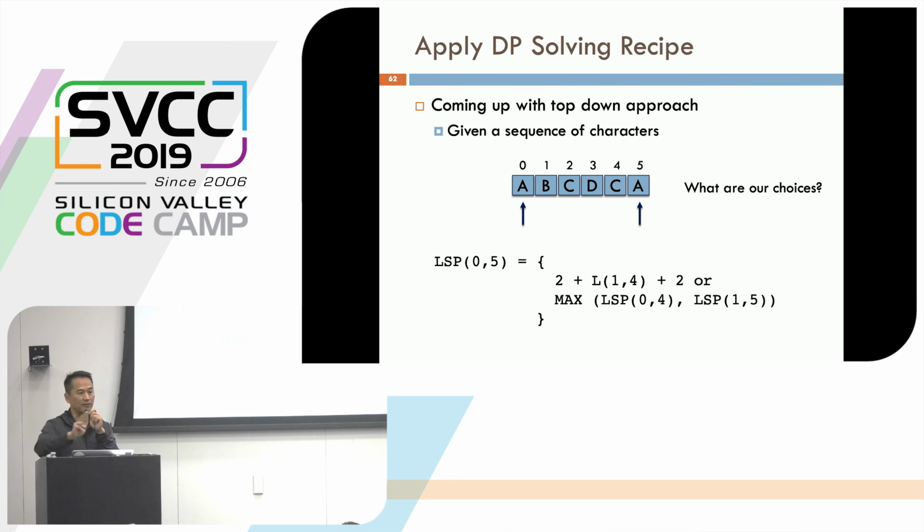The two choices that we have. So you see, it all comes down to choices. But the choices are sometimes not explicit. They're implicit, and you have to figure out those choices.